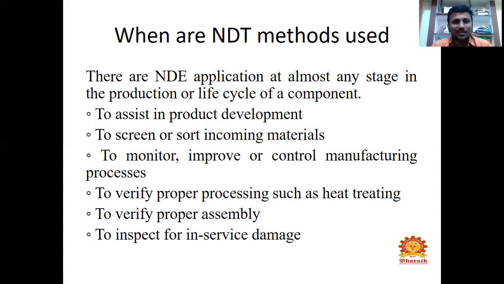To assist in product development, and to screen or sort incoming materials, and to monitor, improve or control the manufacturing process, and to verify proper processing such as heat treating, and to verify proper assembly, and to inspect for in-service damage.